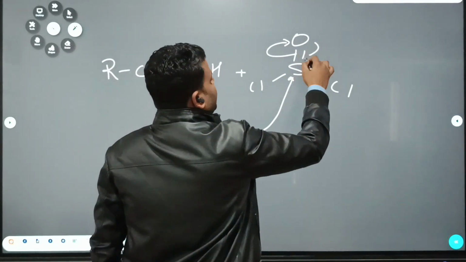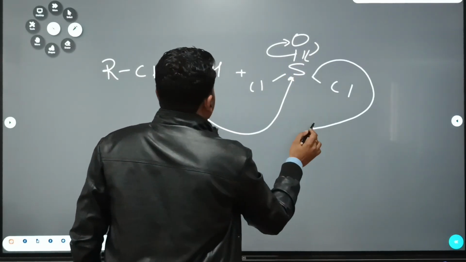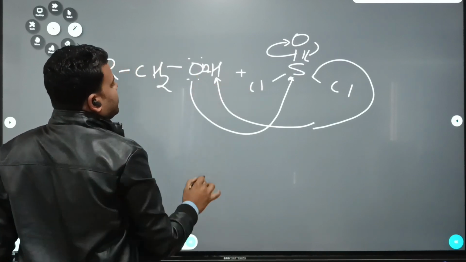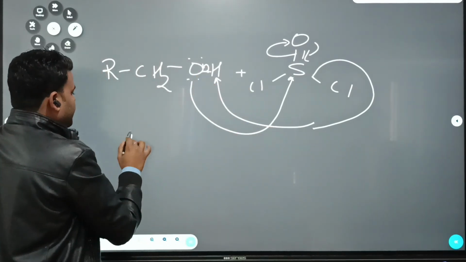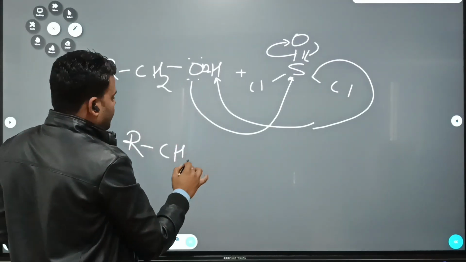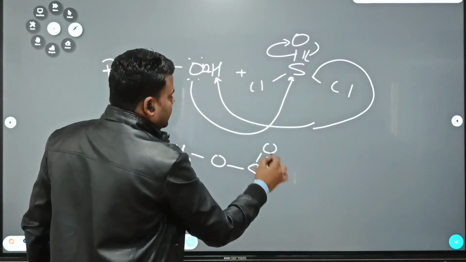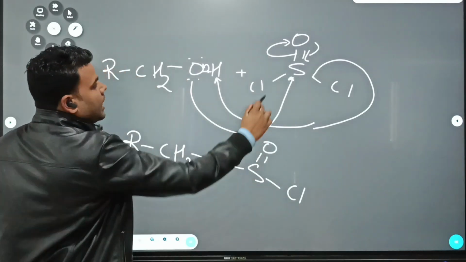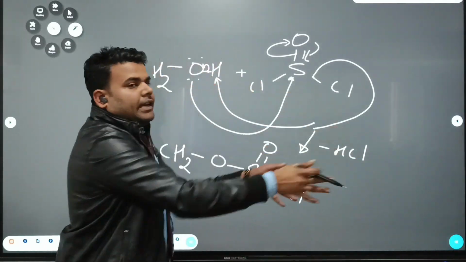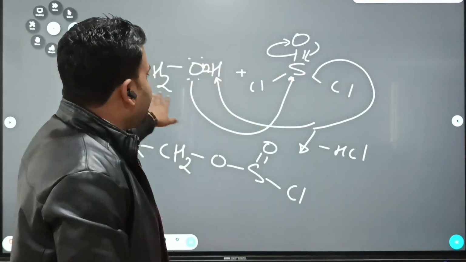When it comes back, this halogen will abstract this proton, and this oxygen can be stabilized. I have reduced some steps here. We will be left with this. In this process, HCl has already been eliminated. Of course, let me tell you again, I have reduced some steps here.